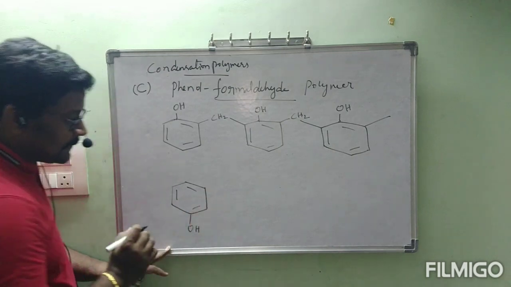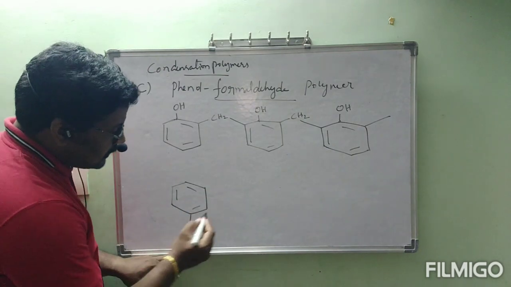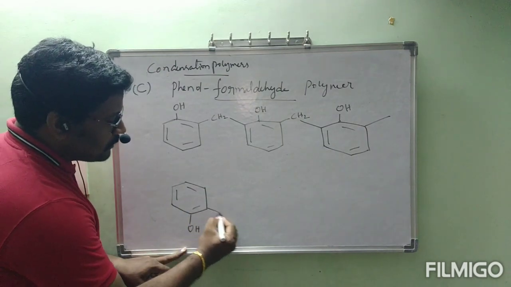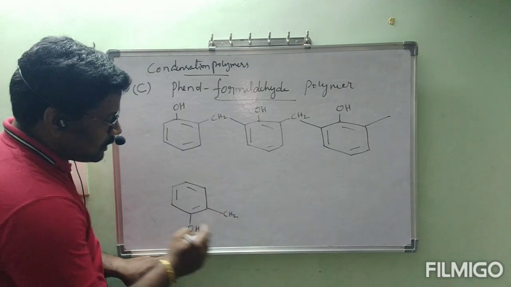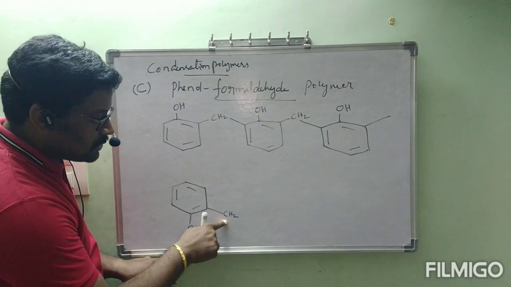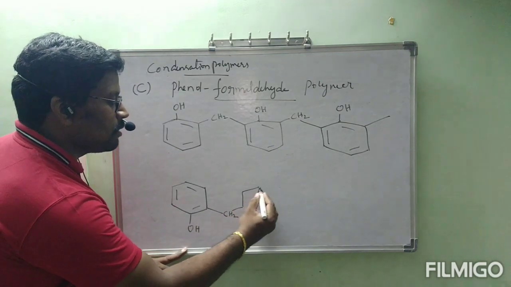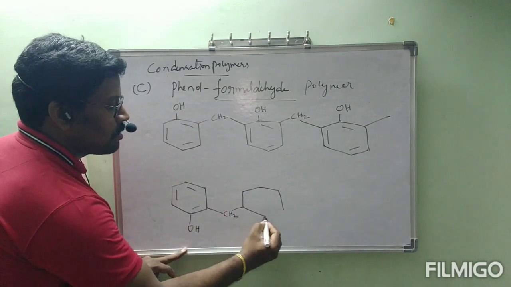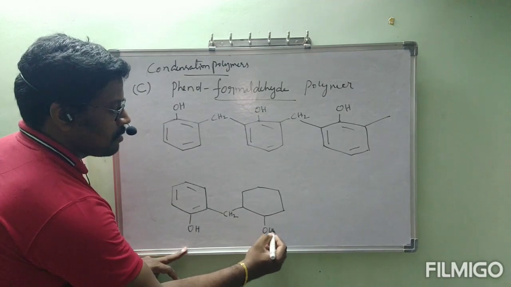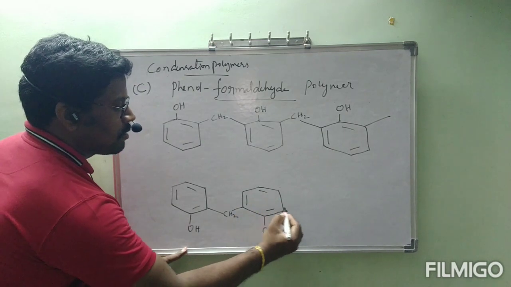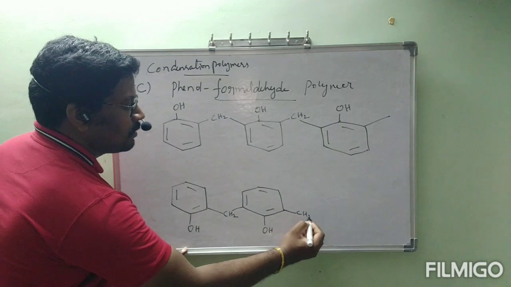Okay, next. In this condition, we have CH2 in the ortho position here. OH, CH2, ortho position 1. This is bonded to, again CH2 here.